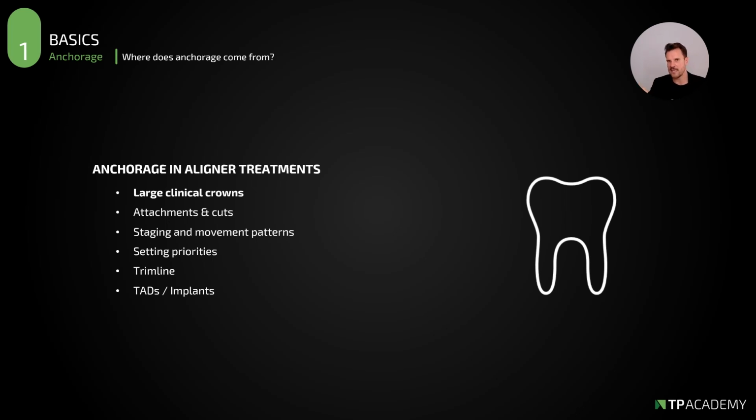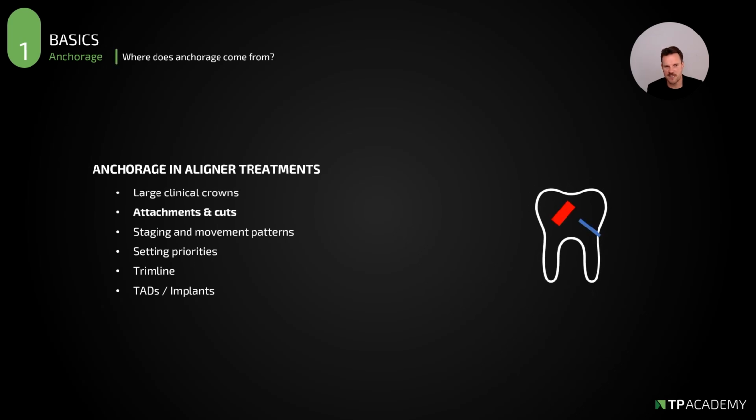The aligner is really able to grab the crown and is able to have a very nice anchorage in this large clinical crown. But I can also do aligner treatments with small clinical crowns. But I need to say, the smaller the crown, the less undercut I have, the harder it is to get anchorage. And therefore we go to number 2.